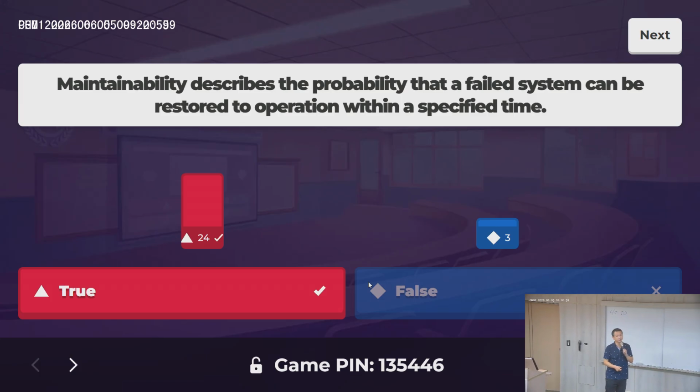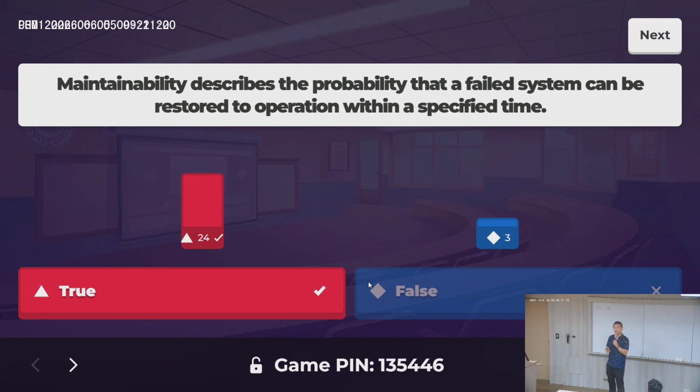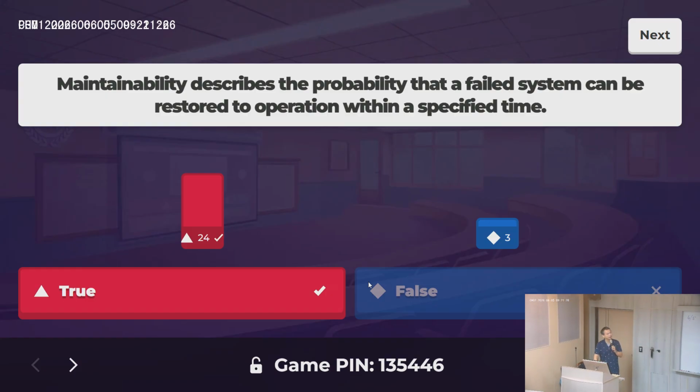It is somehow similar to reliability. So when you review for the final examination, please also compare the similarities and the differences between maintainability and reliability. I think basically they are both probability attributes, but there do exist some differences between them.